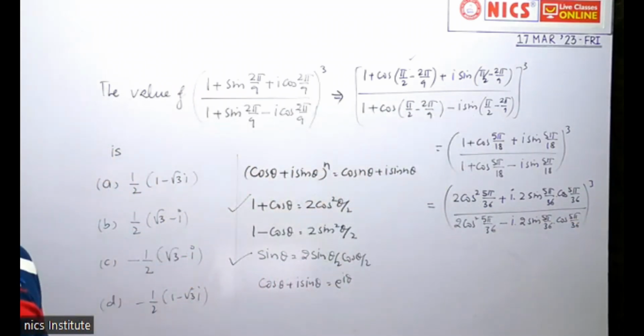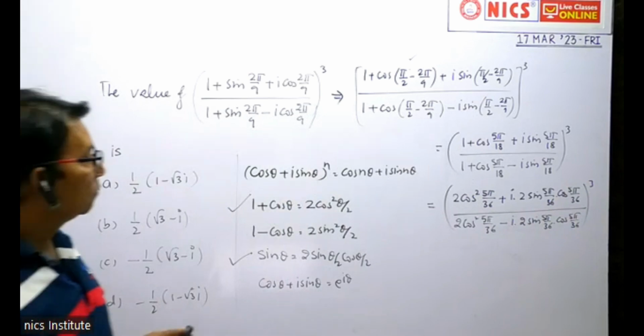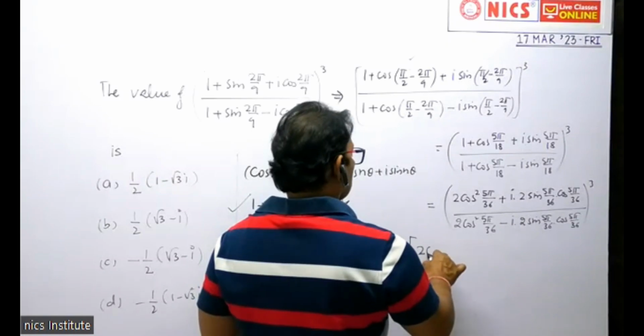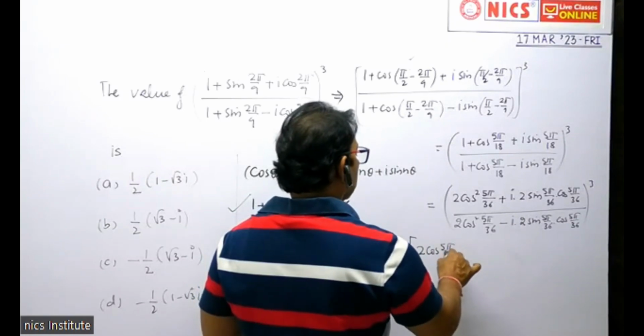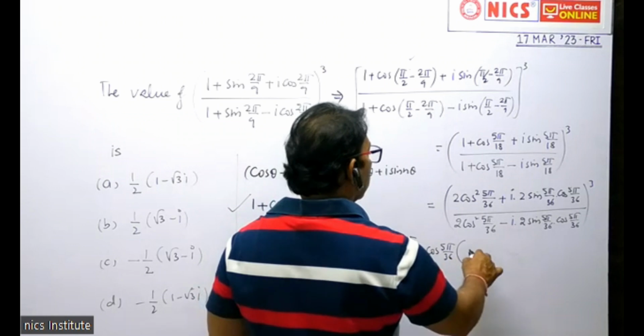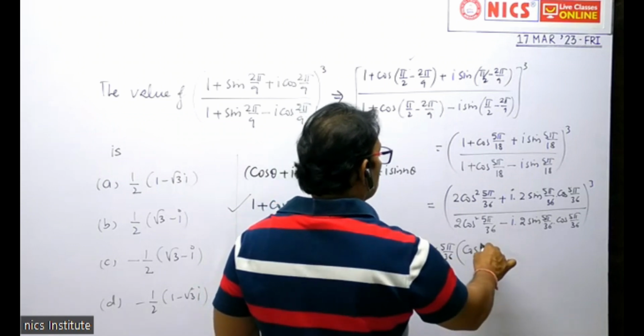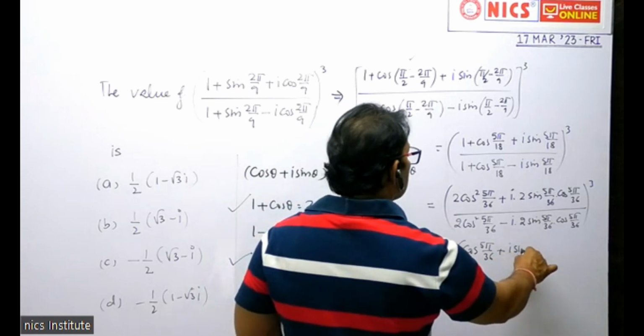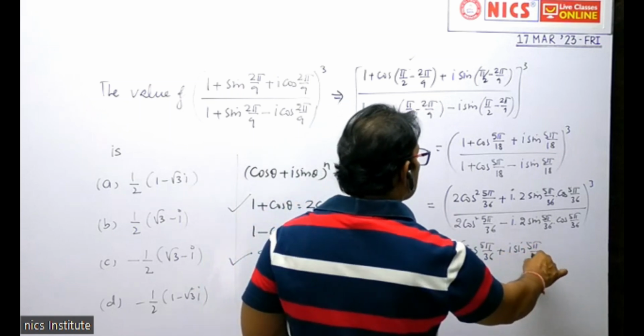Then you can take common. What is common? 2 cos 5 pi by 36 is common from the numerator: cos 5 pi by 36 plus iota sine 5 pi by 36.